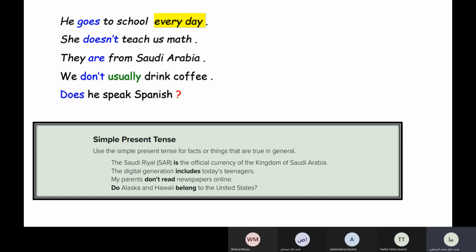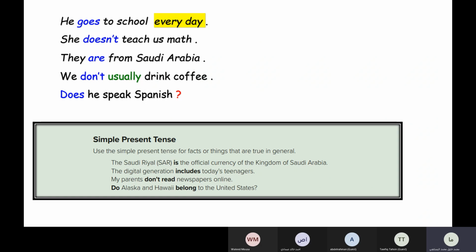Okay, so this is about the present. We need to read. Who wants to read the explanation? Okay, go ahead. Read the explanation. We use the simple present tense for permanent situations.